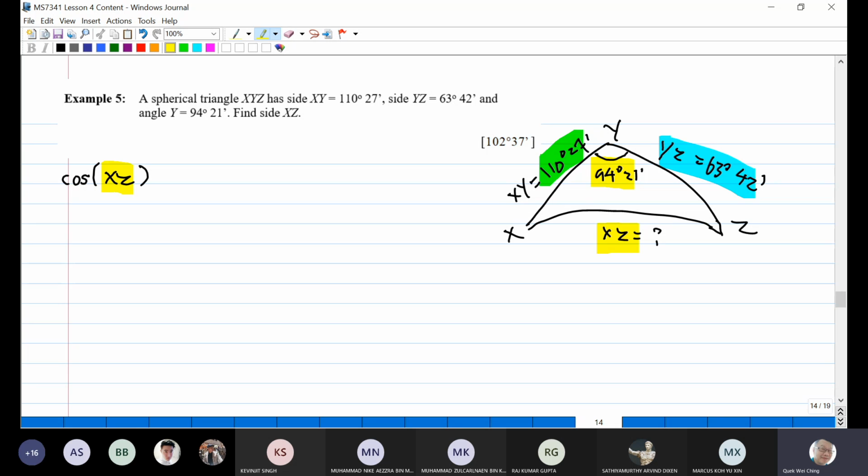What is it equal to? It's equal to cosine of two other sides. One of them is cosine of XY and cosine of YZ, then plus sine of XY, sine of YZ, and then cosine of the angle Y.